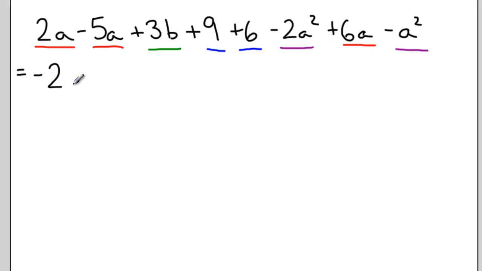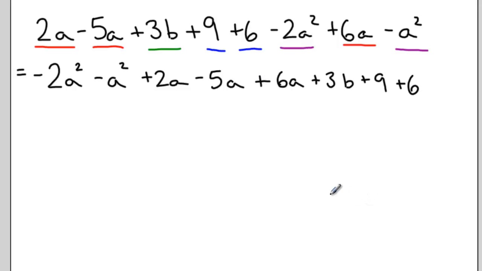So I'll rewrite this whole expression by grouping the like terms together. Remember, we keep the sign of the term together as we move it. I rewrote this expression in a specific way. As I rewrote this expression, I keep the variables alphabetical.